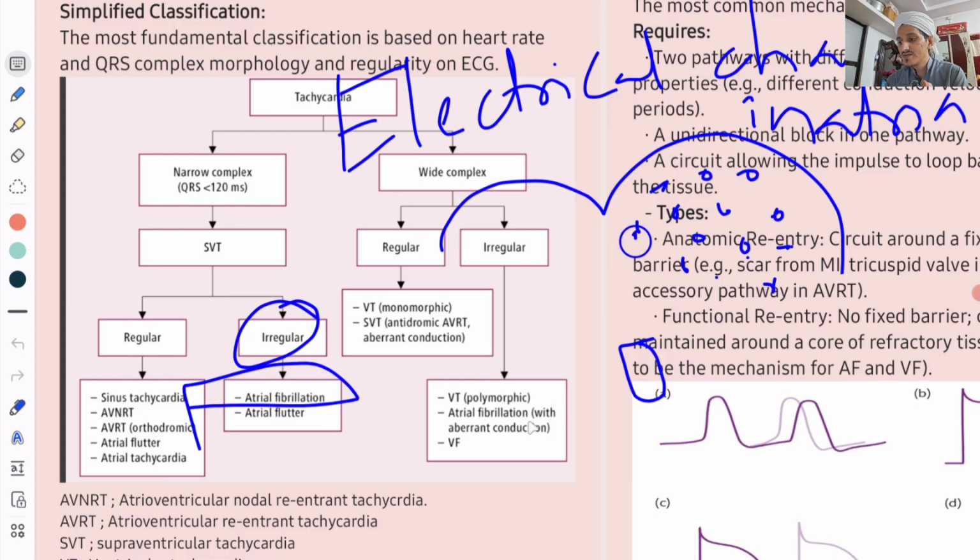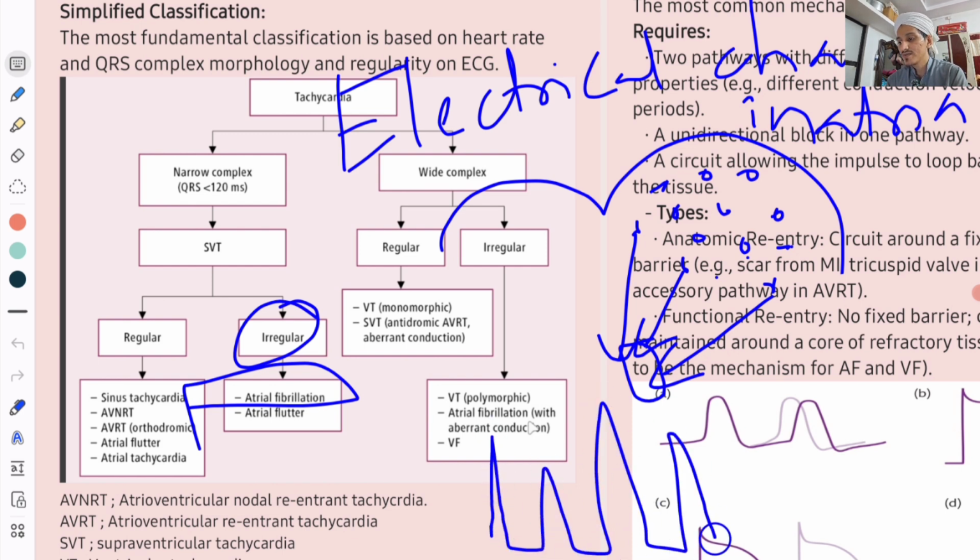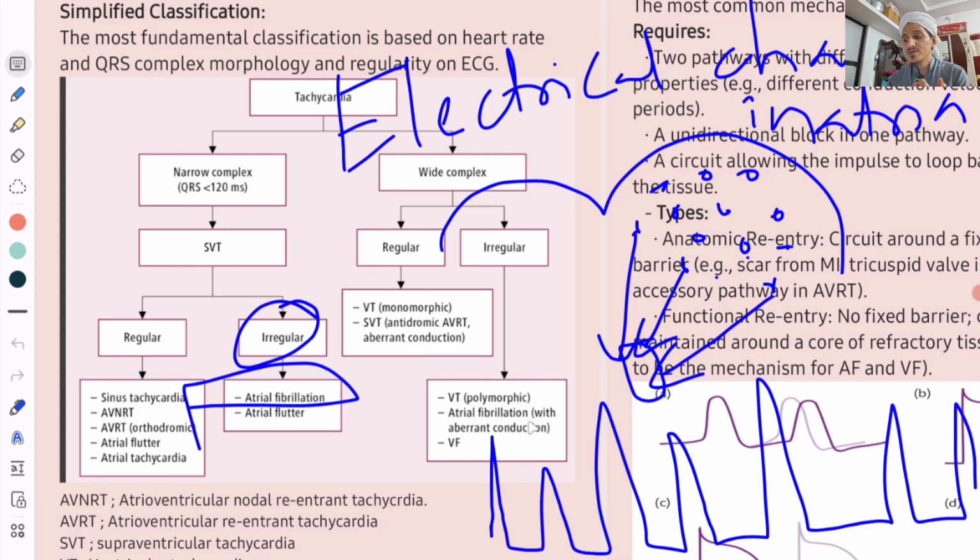Sometimes this one will send, sometimes that one will send, so the AV node will be bombarded with many impulses. So there will be an irregular pattern, some close together, some far apart. Because of these many minute circuits generating impulses, the atria are just fibrillating, just shivering. So they are not able to pump blood to the ventricles. So the ventricles will receive less blood and there will be reduced cardiac output.